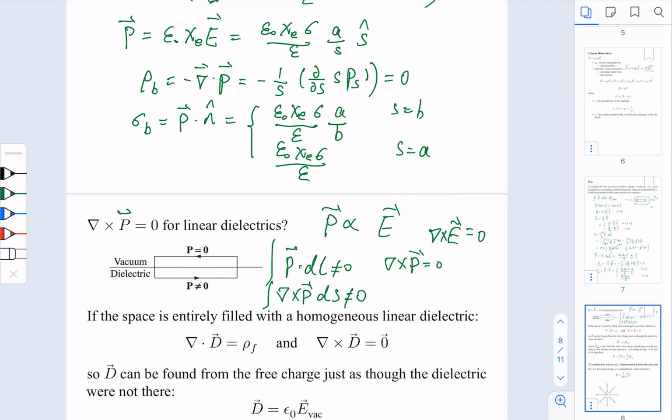Then what we learned about the E field should be entirely carried over to the D field, because for a linear dielectric the P is proportional to E, so del cross P must be 0 within the material.